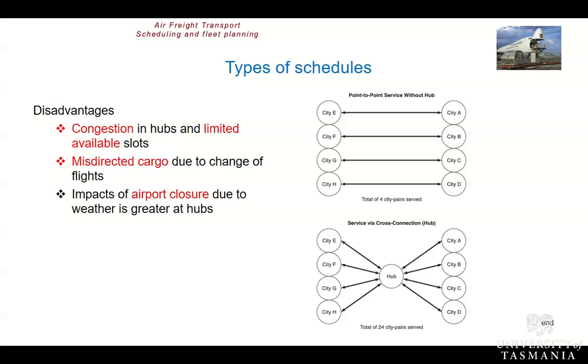If you're relying on a hub and spoke, and for whatever reason that particular airport is closed, then you've probably thrown your whole cargo scheduling out of whack, really. But given that Nick has already advised us that Memphis, for example, has 99% good flying weather, choosing the right hub is going to be a key issue in that regard.